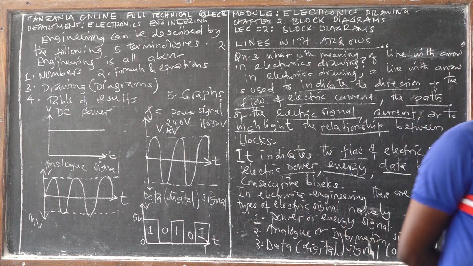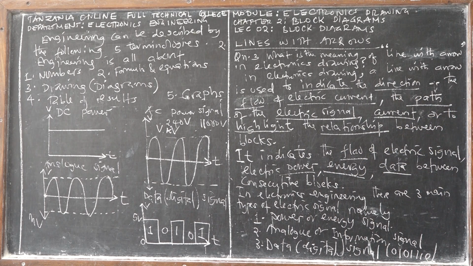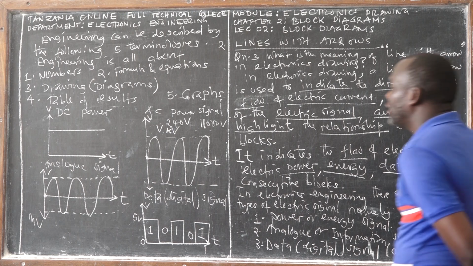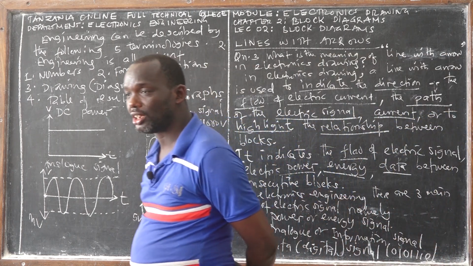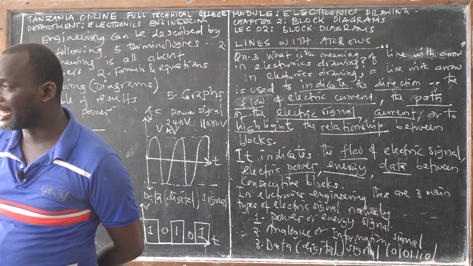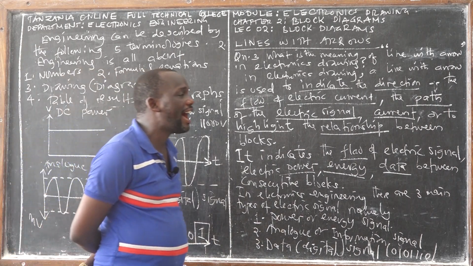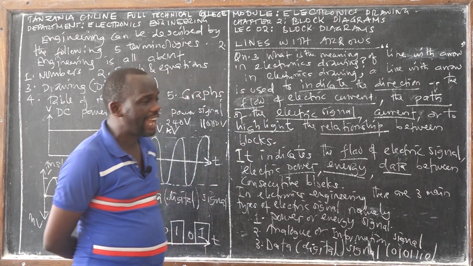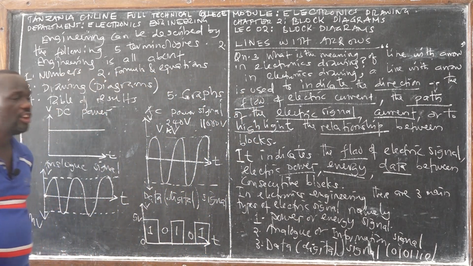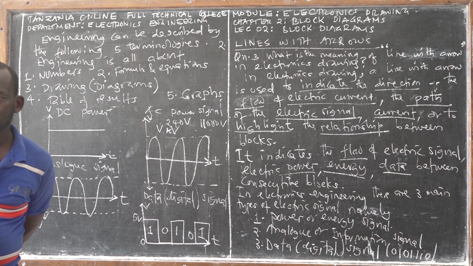Class, say that the world where we are living is pure analog. So what does it mean? The physical phenomena that we have in this world are analog in nature. It means that they have continuous variation with respect to time.